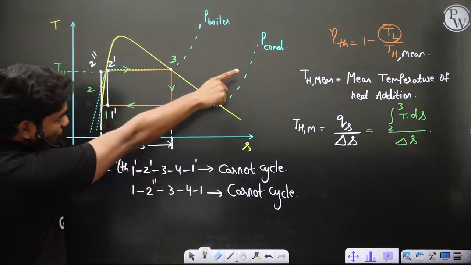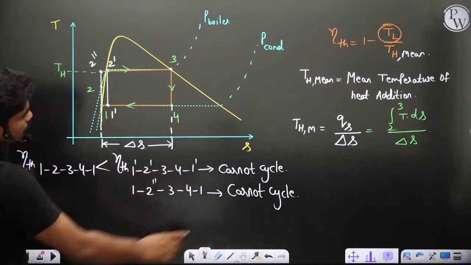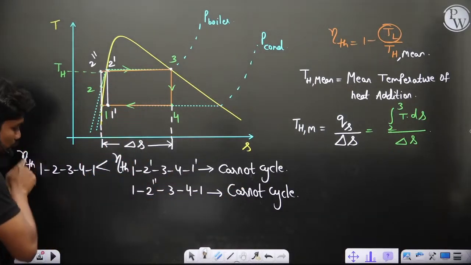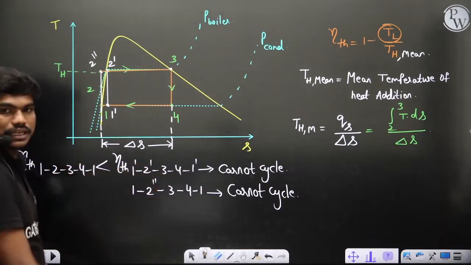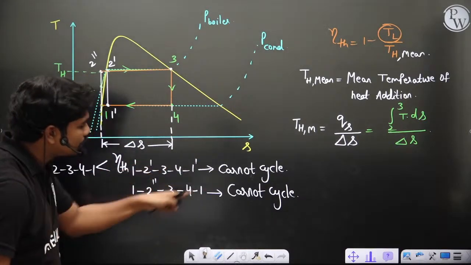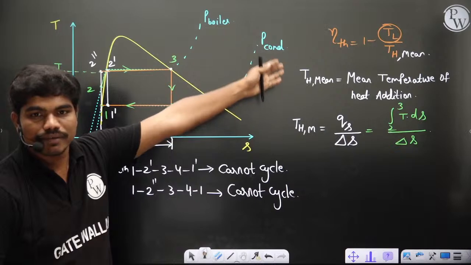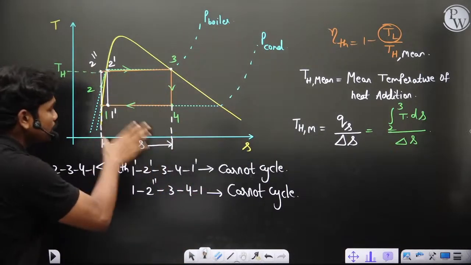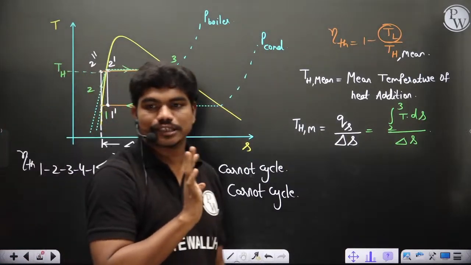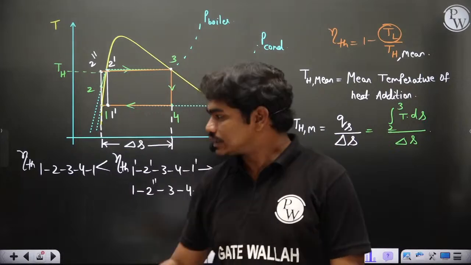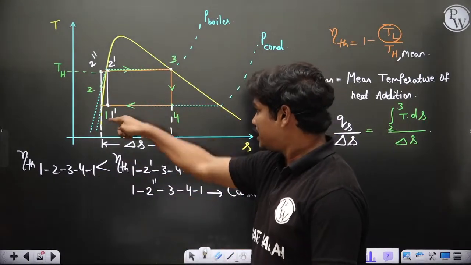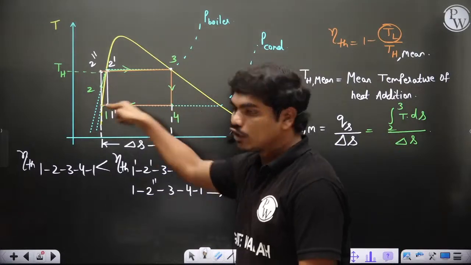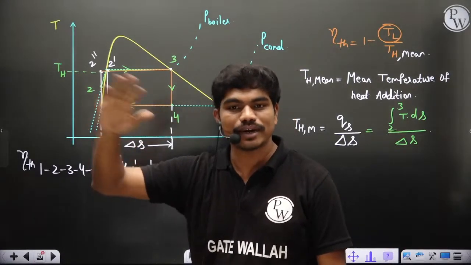Because as per that formula, TL is same in all the cycles, but TH in actual ideal Rankine cycle is less as compared to both cycles. So definitely if you would have taken one of these two cycles, your efficiency would have been much better than the actual Rankine cycle. Yes or no? Can you understand this much? Instead of constructing this cycle 1 2 3 4 1, if I would have constructed 1 dash 2 dash 3 4 1 dash or 1 2 double dash 3 4 1, definitely my efficiency would be better.